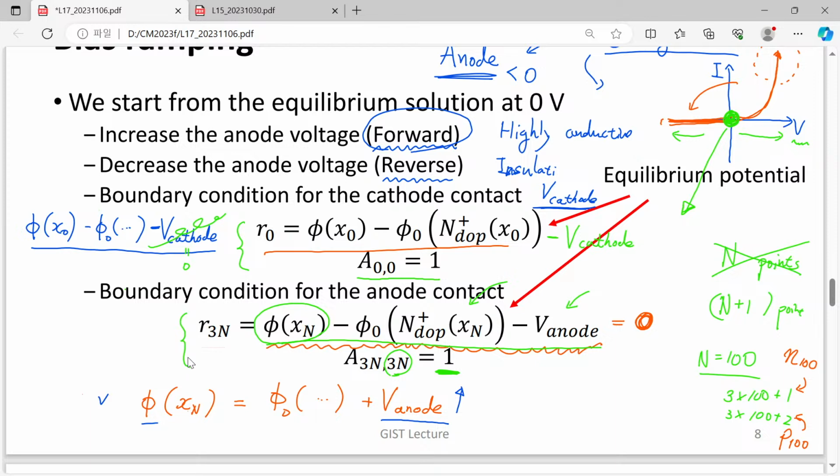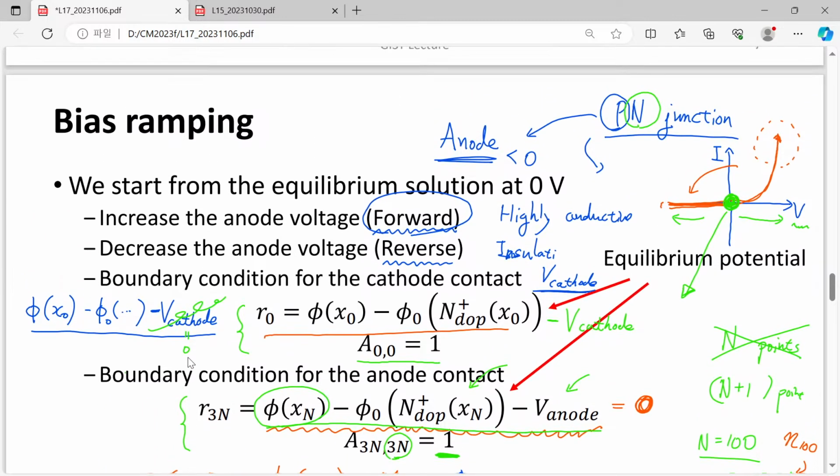Don't worry, because we have sufficiently complicated equations inside our device. So our device reacts to this simple excitation, V cathode and V anode, and it will give us this very complicated behavior. Okay. Do you have any question on bias ramping?